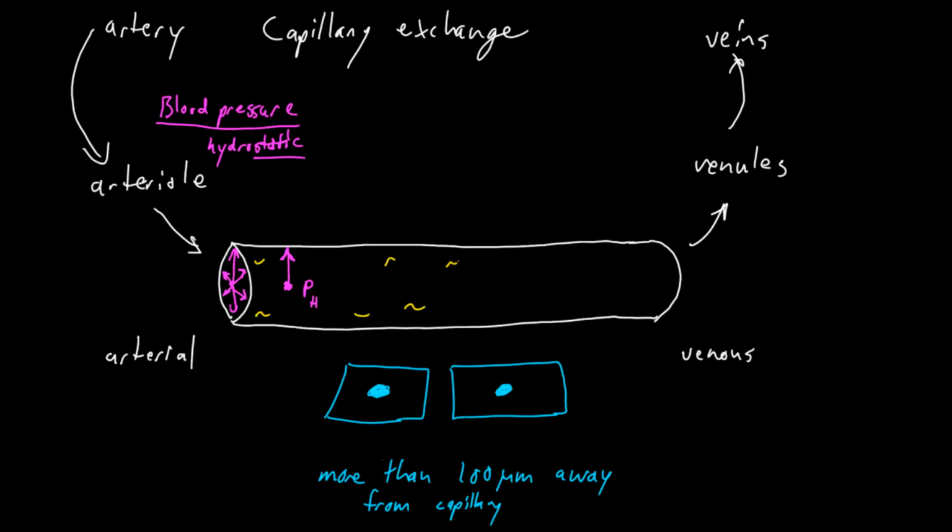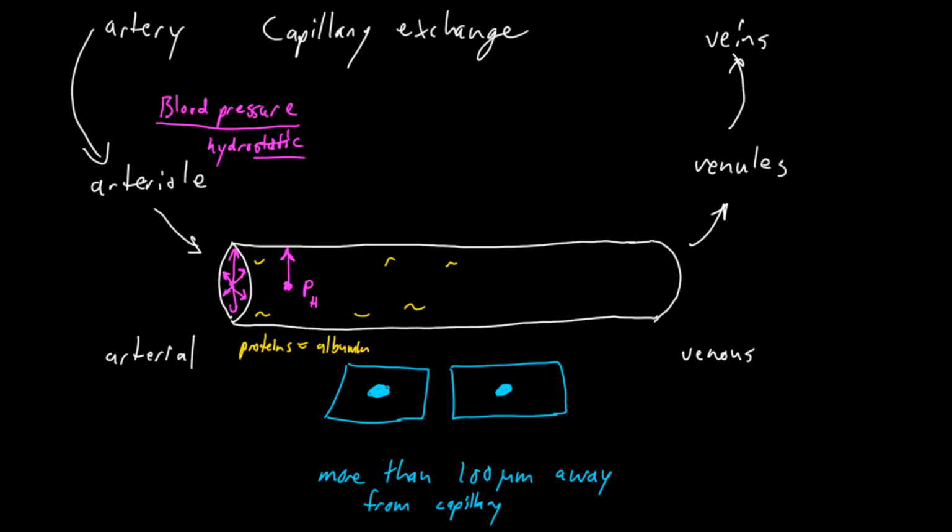They are not able to easily leave the capillary. The most abundant one is called albumin. The fact that the proteins can't leave the vessel, combined with this idea of osmosis, leads us to our second major pressure we have to consider.